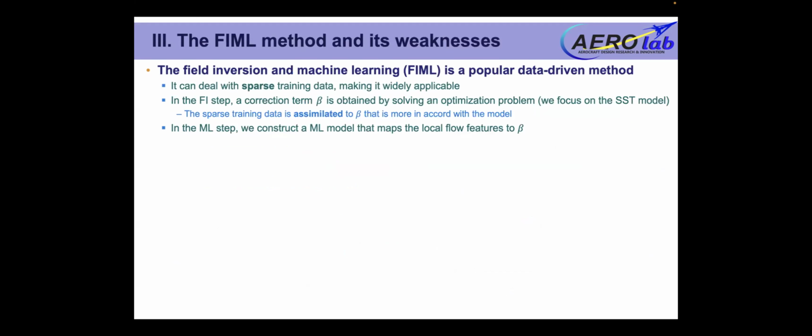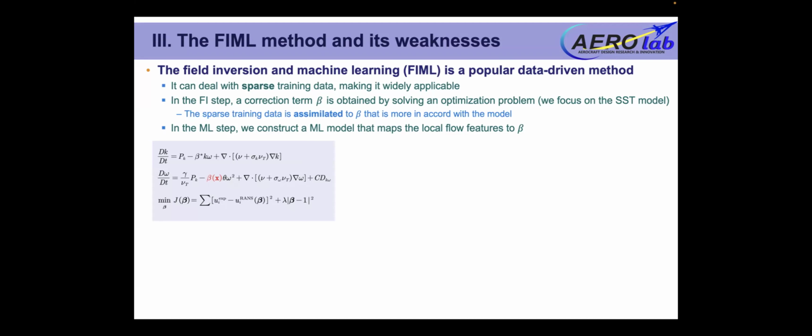Among these data-driven methods, the field inversion and machine learning method, FIML, is very popular because it can deal with very sparse training data, making it widely applicable. And in the field inversion step of FIML, a correction term beta is incorporated into the transport equations of the turbulence model.